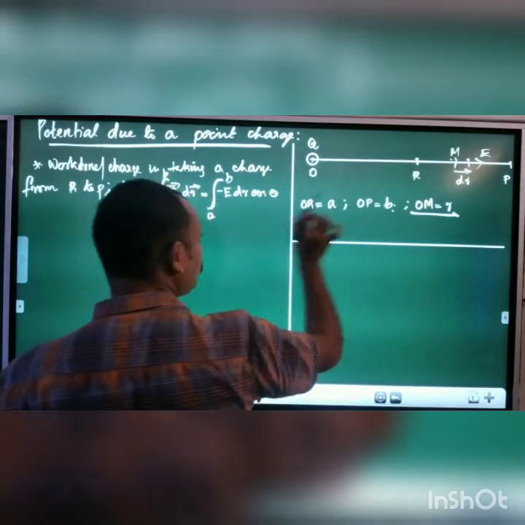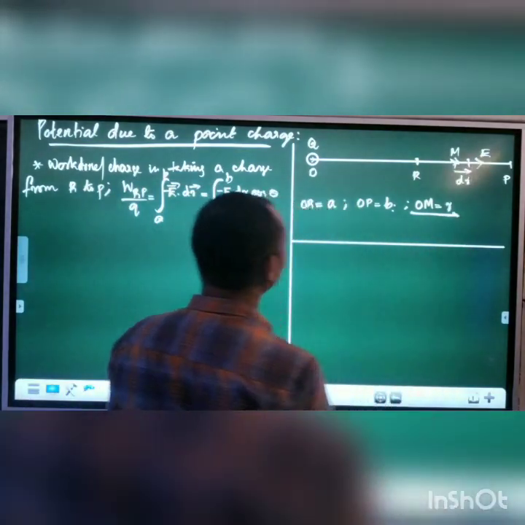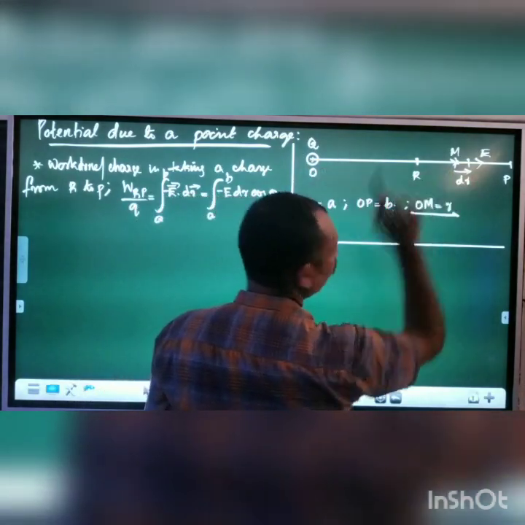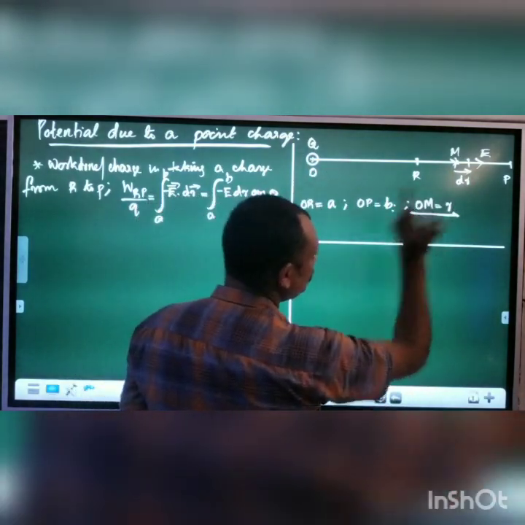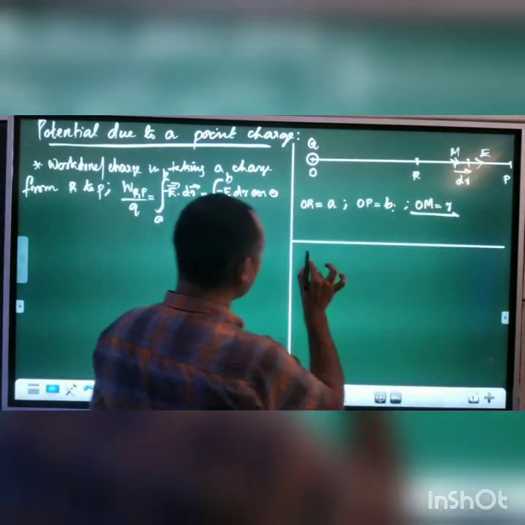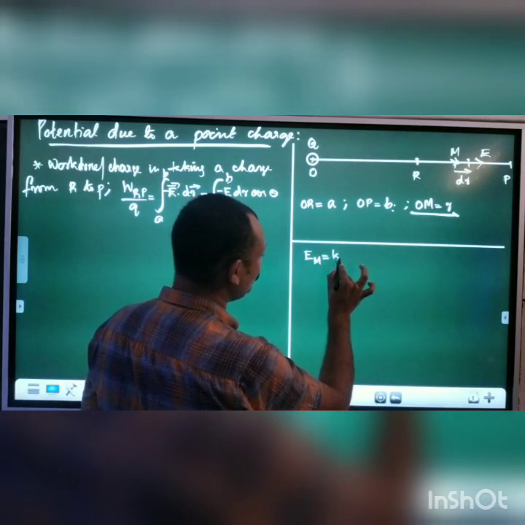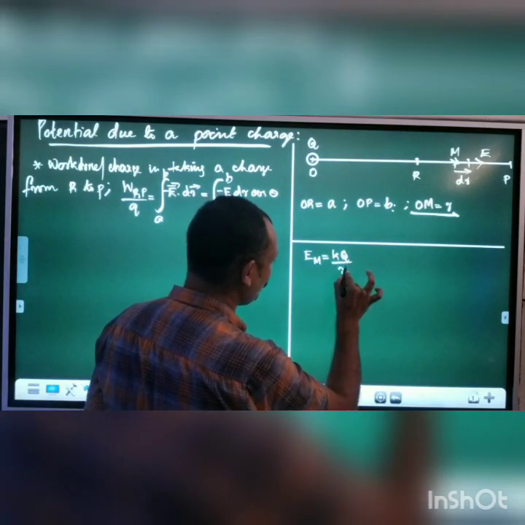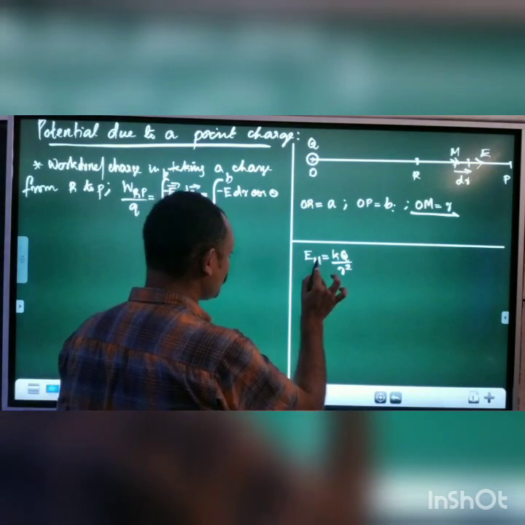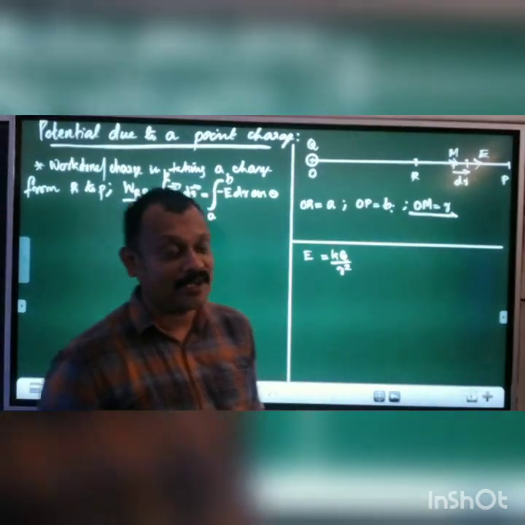Now we will look into the figure. Consider a point M at a distance r from Q, such that OM is equal to r. What is the value of the electric field at M? You know it, the electric field due to a point charge is KQ by r square. So E is equal to KQ by r square.